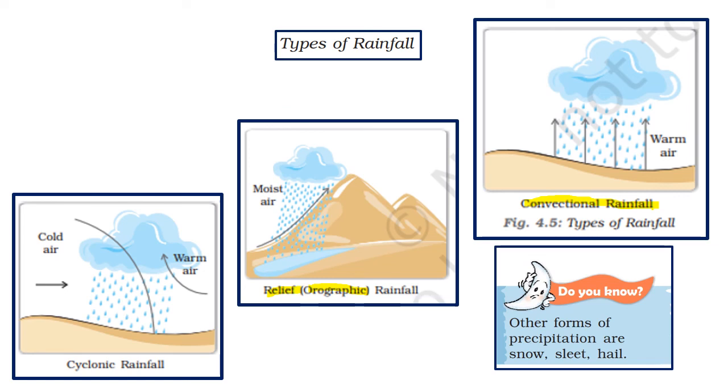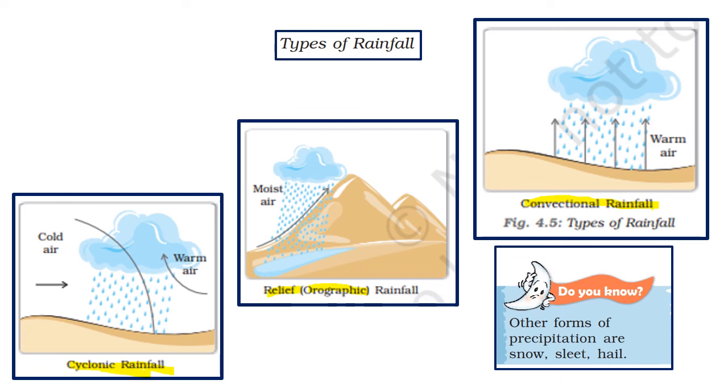Another type of rainfall is called cyclonic rainfall, when a low pressure area is surrounded by high pressure, meaning low pressure is at the center and high pressure all around. In that condition, wind from all directions comes towards the center with thunder and lightning.